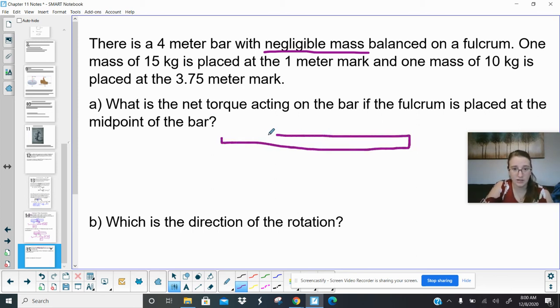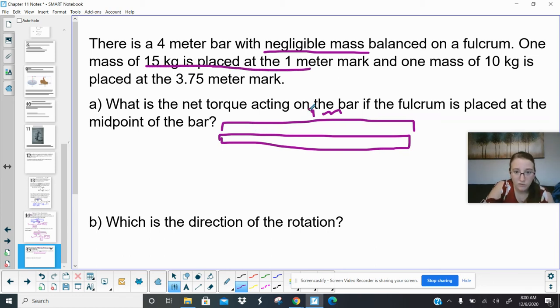So here is a 4 meter bar. We have the 15 kilogram placed at the 1 meter mark. Oops, that's my arrow. So this is 15 kilograms.